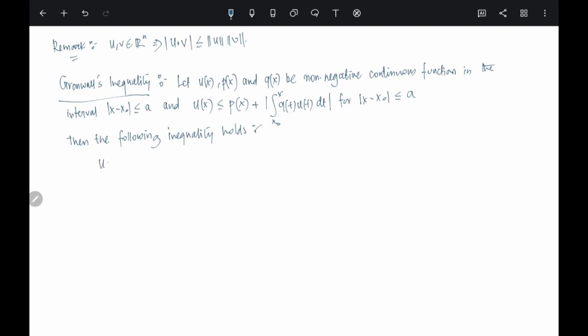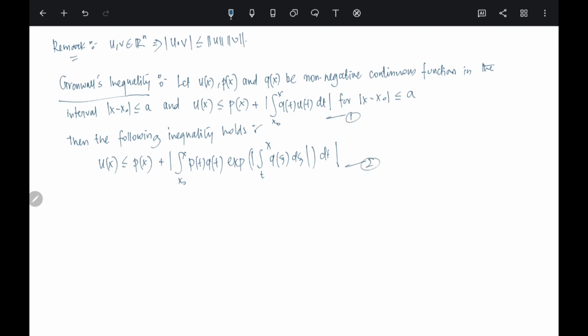It says that u(x) is always dominated by p(x) plus the modulus of the integral from x₀ to x of p(t)q(t) times the exponential of the modulus of the integral from t to x of q(ξ) dξ, dt.